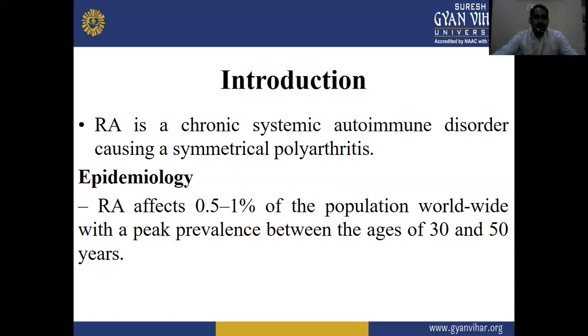First one is autoimmune disorder. What is an autoimmune disorder? A disease in which the body's immune system attacks healthy cells. It is also a chronic inflammatory disorder affecting many joints, including those in the hands and feet.